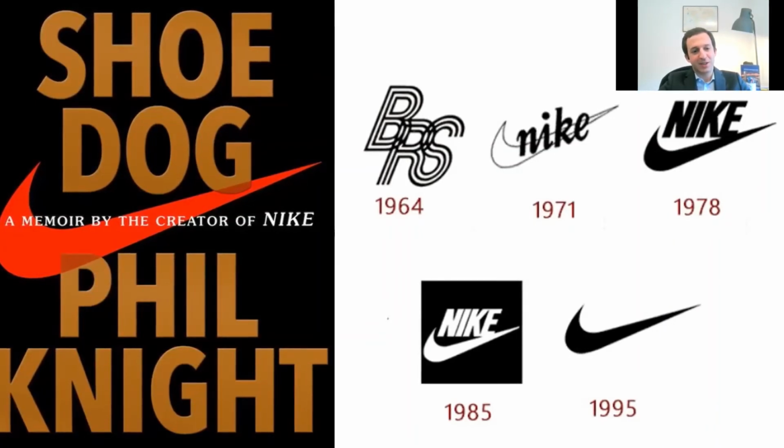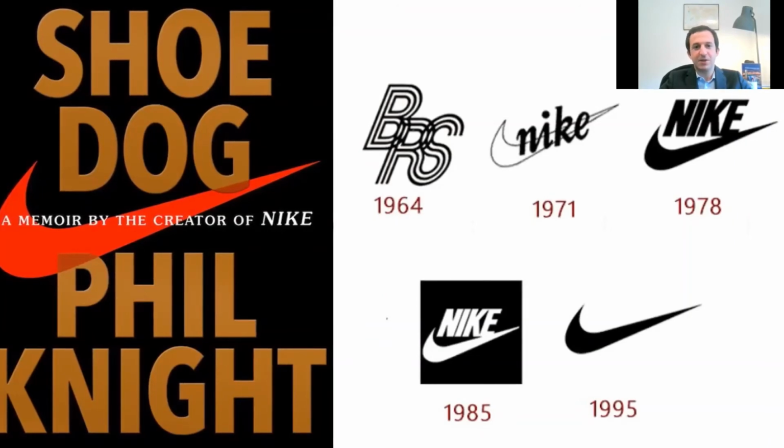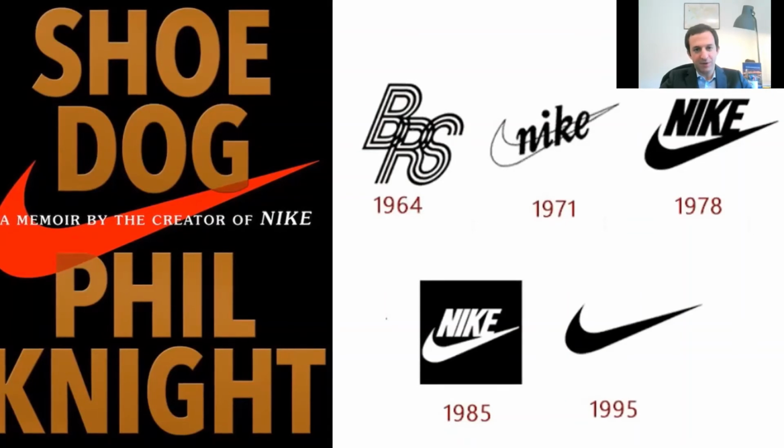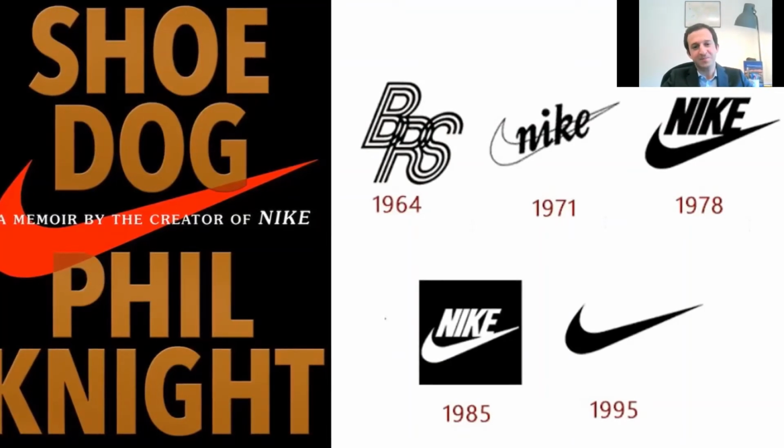This is because in his, I think it was MBA dissertation, Phil Knight was convinced that the Japanese, who were really good at producing electronic products, could also be successful in the shoe industry. Why the shoe industry? He was a runner, he knew a lot about it, and so on, but you can read the book for that.